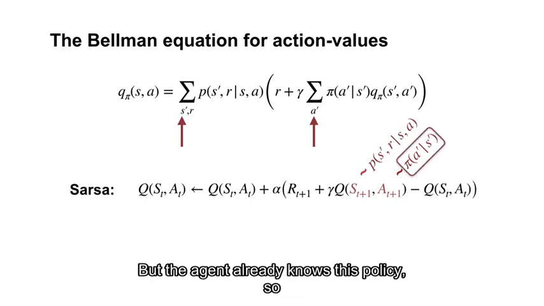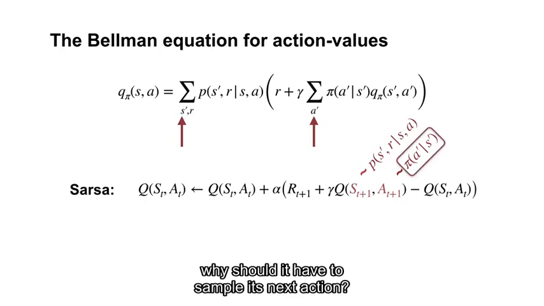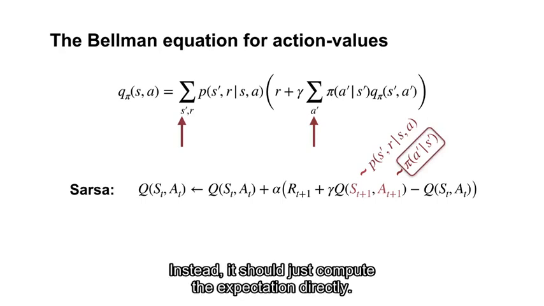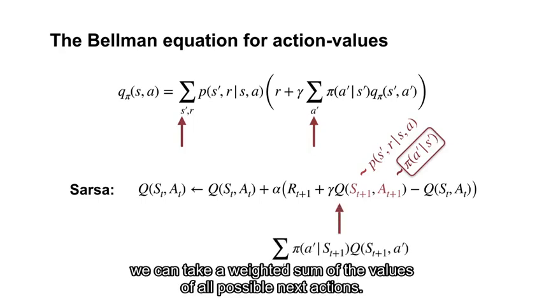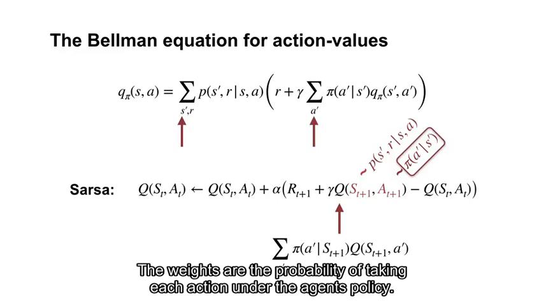But the agent already knows its policy, so why should it have to sample its next action? Instead, it should just compute the expectation directly. In this case, we can take a weighted sum of the values of all possible next actions. The weights are the probability of taking each action under the agent's policy.